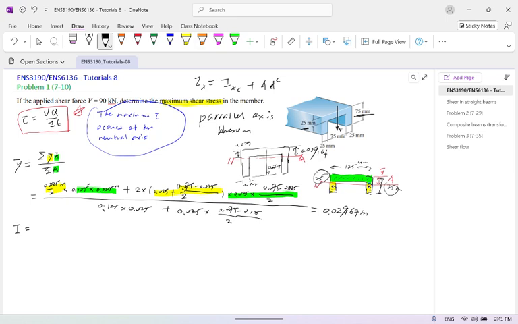So the I will be 1 over 12, from here we can see the cubic, still with the cubic here.